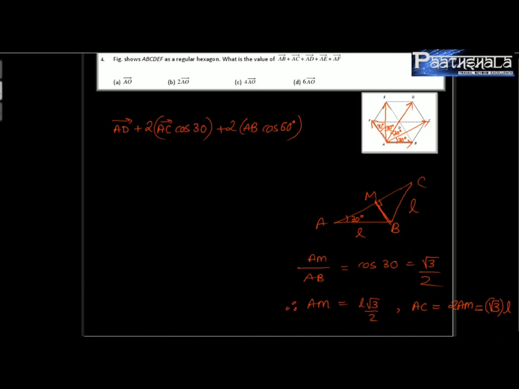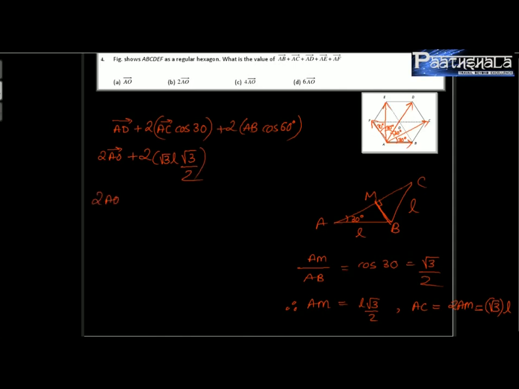So here, while substituting, AD we can directly write as 2AO, which is 2L. Then this is 2 into root 3 times L into cos 30, which is root 3 by 2. So which gives us 3L.